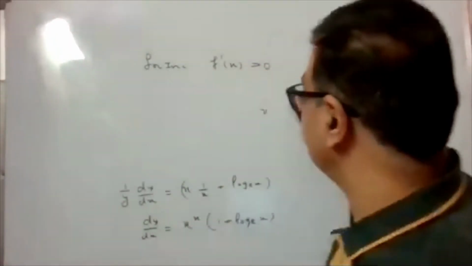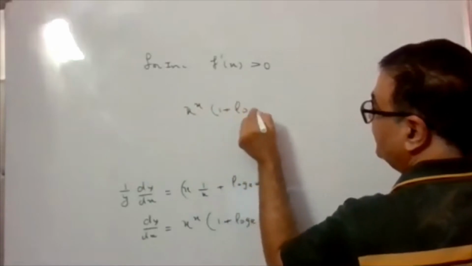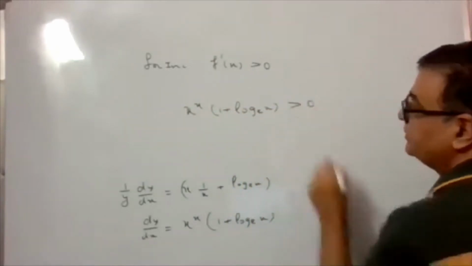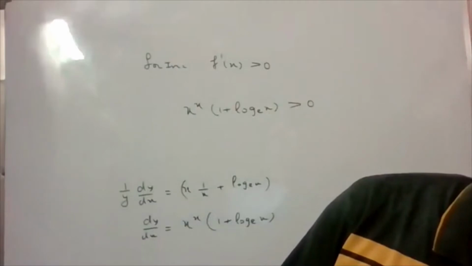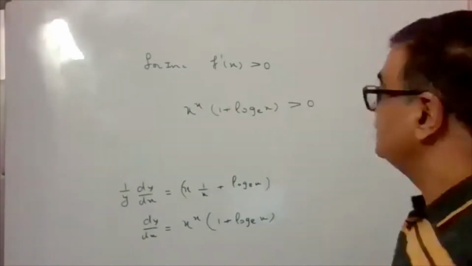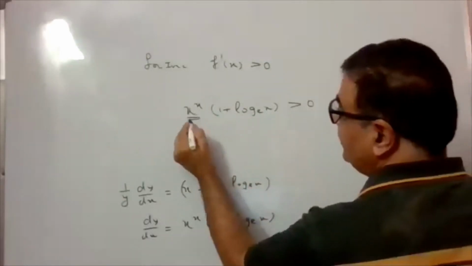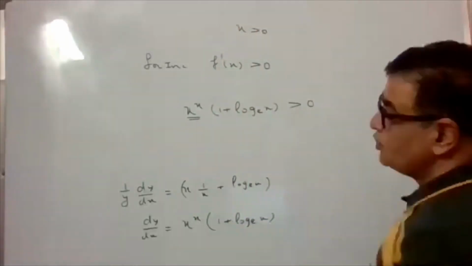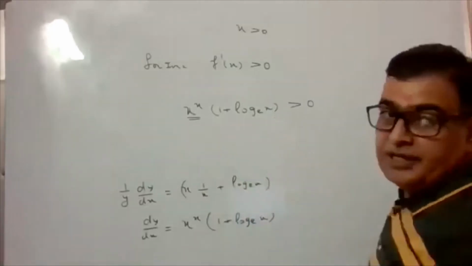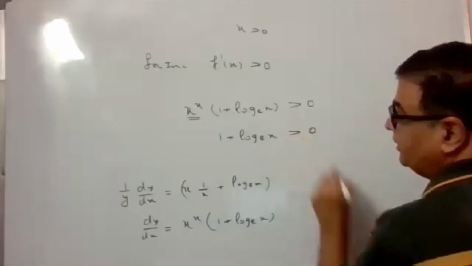Now f dash x greater than 0 means x power x (1 plus log x) greater than 0. Now x power x is already a positive number because the question says x is positive, so only this has to be greater than 0. I should say 1 plus log x greater than 0.